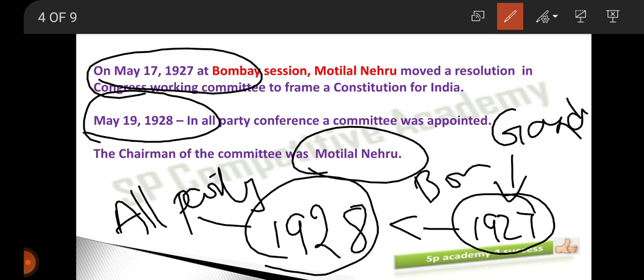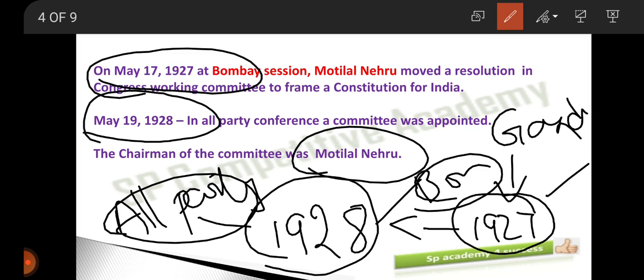So please remember these dates, guys, and at what place which decision was taken. In 1927 in the Mumbai session, Motilal Nehru ji for the first time put forward the point that we should have the constitution. He moved a resolution. And the committee to decide the principles of the constitution was appointed in the 1928 all party conference.